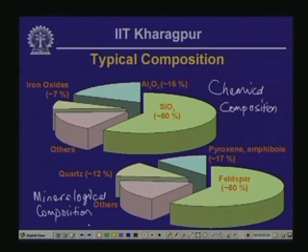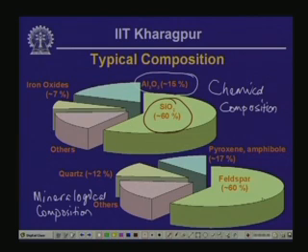So, you can see that silica forms by far the largest proportion of an average magma, and the next in abundance is alumina.